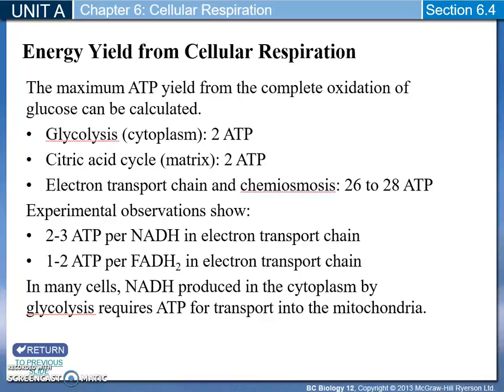Experimental observations show that we get 2 to 3 ATP per NADH in the electron transport chain, and 1 to 2 ATP per FADH2 in the electron transport chain. In many cells, NADH produced in the cytoplasm by glycolysis requires ATP for transport into the mitochondria.